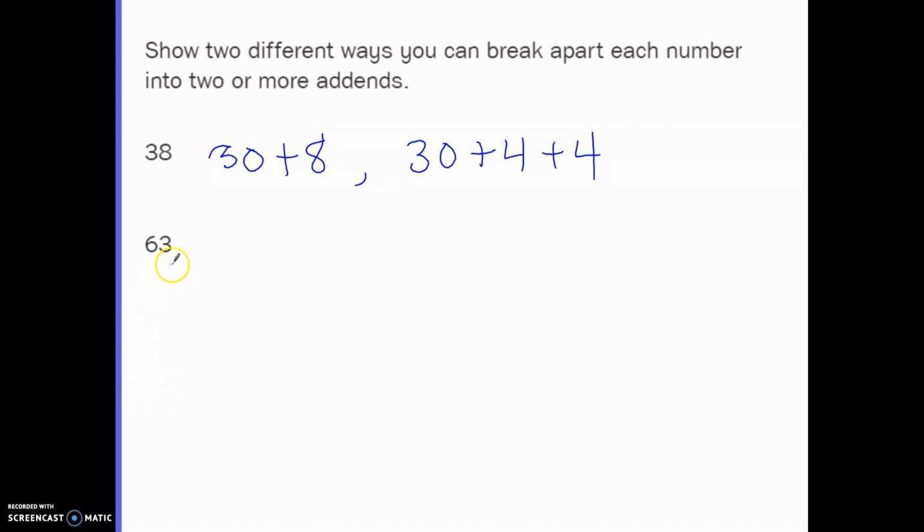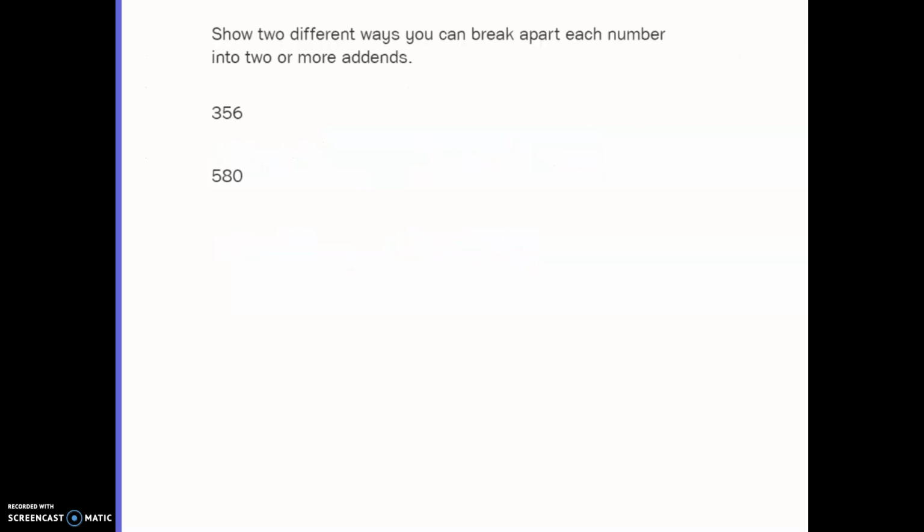So I want you to break apart 63 on your whiteboard. How did you break apart 63? Maybe you went 60 plus 3, or maybe you went 30 plus 30 plus 3. There's lots of different ways that you can do this type of activity.